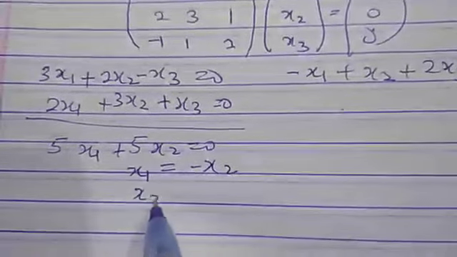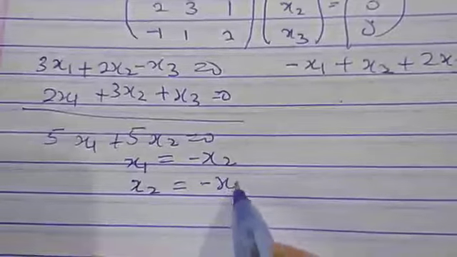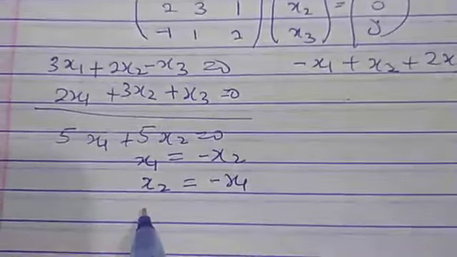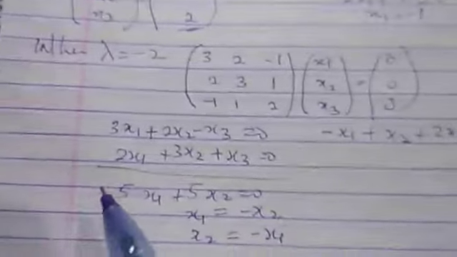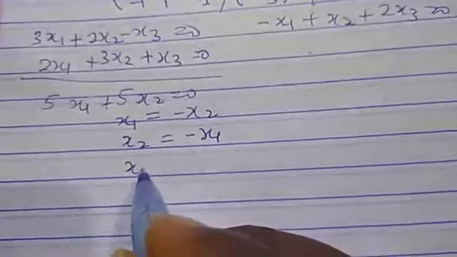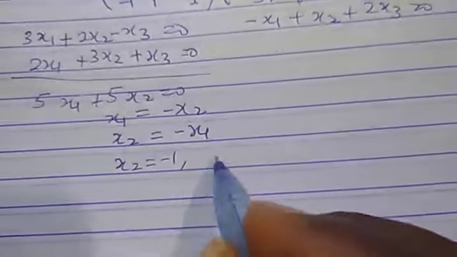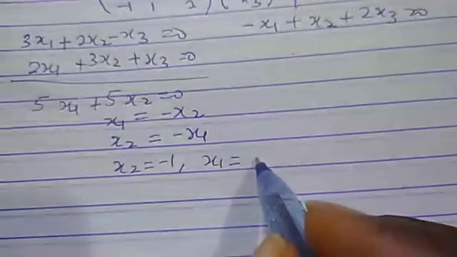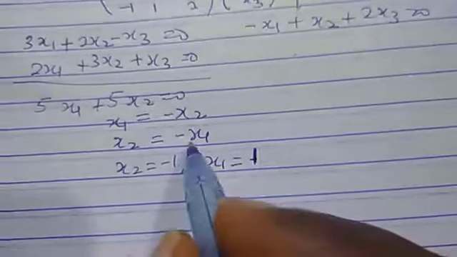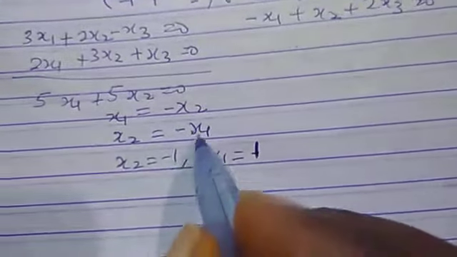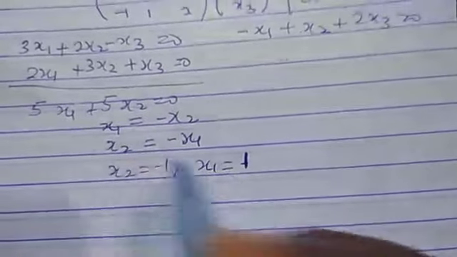Let's say s2 is equal to minus s1, because we can have infinite eigenvectors. So s2 is minus 1 and s1 is 1.